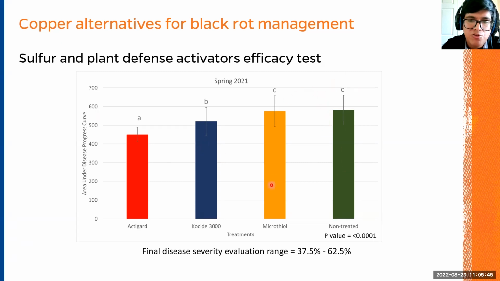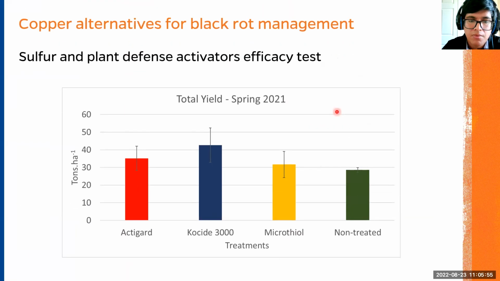On the other hand, the sulfur product, Microthiol, didn't show the same significant reduction. When we looked at yield, there was no significant difference between the treatments. However, there is a marginal effect of COSI 3000 improving the yield compared to the other treatments.